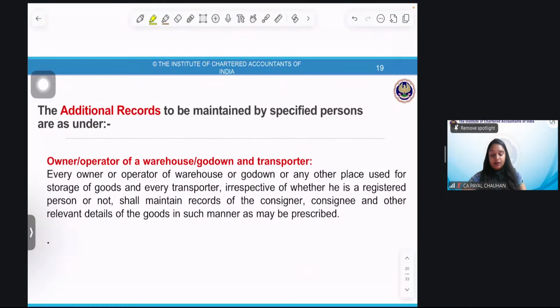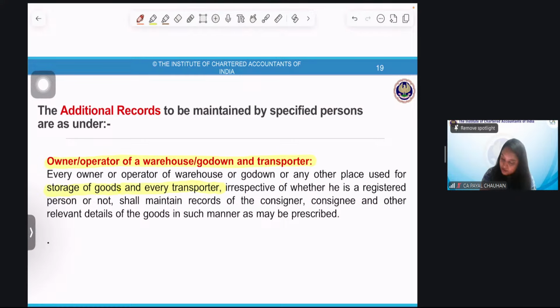Then, owner, operator of a warehouse, go down, and transporter. Every owner or operator of a warehouse, go down, or any other place used for storage of goods, and every transporter, see, it is covering everyone.